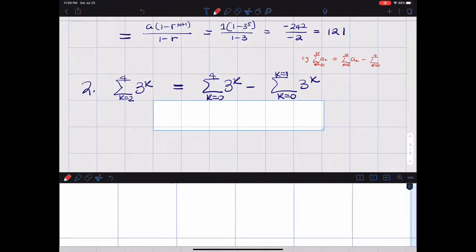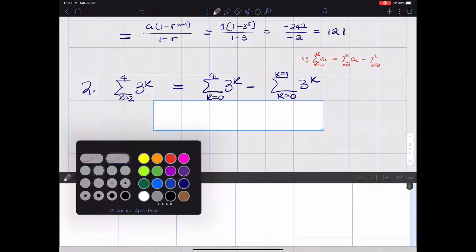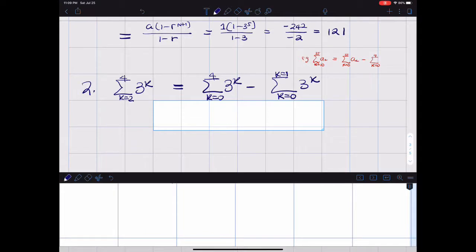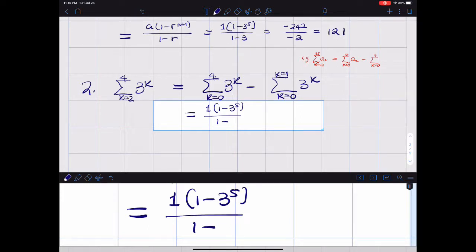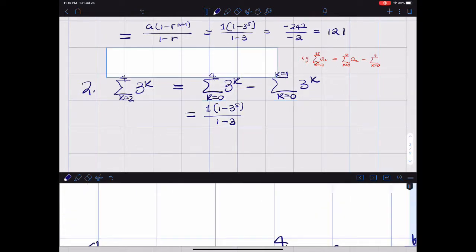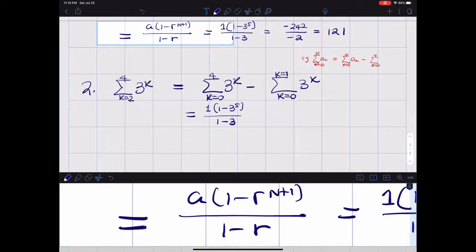So we can use our formula on each part of the series. We're going to use 1 minus 3 to the power of 5, over 1 minus 3. Mind you, we're using this formula, right?